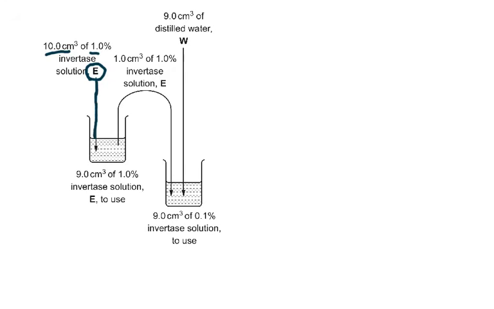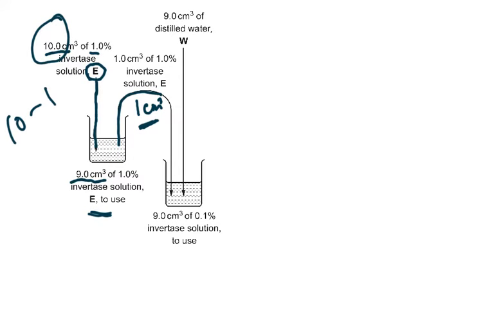So we added 10 of 1%. And then we took out 1 out of it. So this is the one that we've taken out. What is remaining at the back is 9 cm³. So 10 minus 1. So 9 cm³ of E is left behind to use.